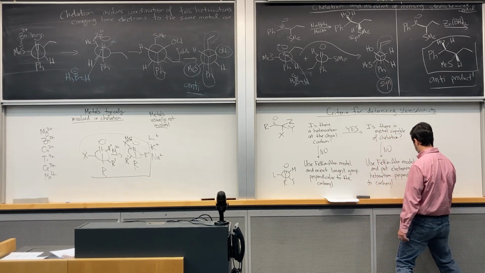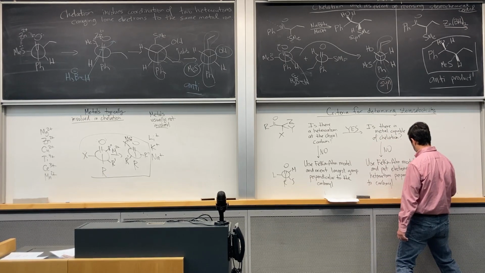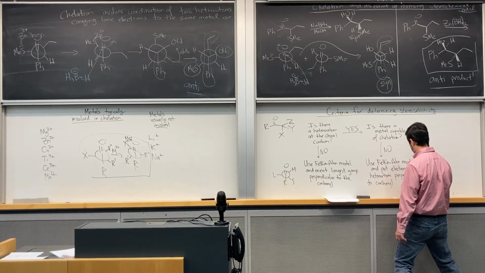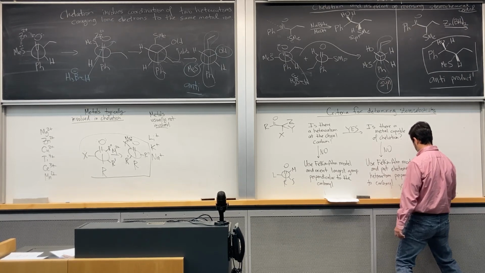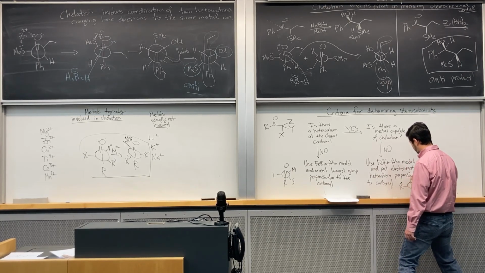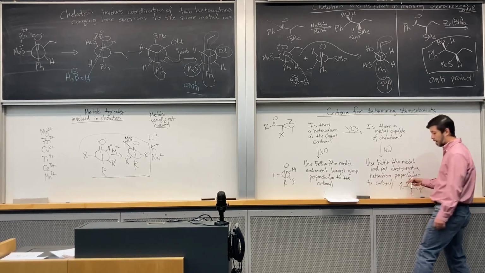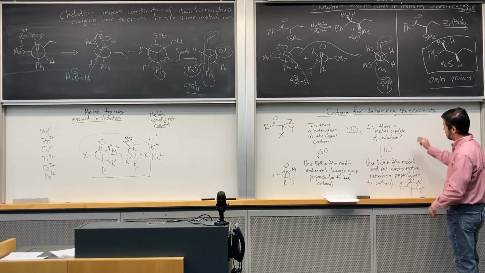So this would look something like this. X is your heteroatom. X has lone electrons, so you want to keep that far away, 90 degrees from the carbonyl group.